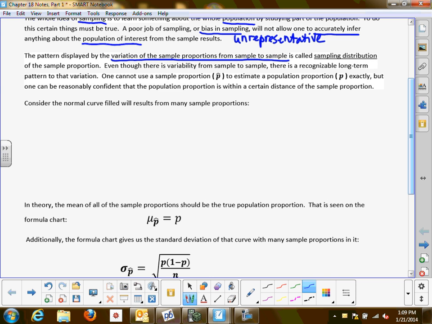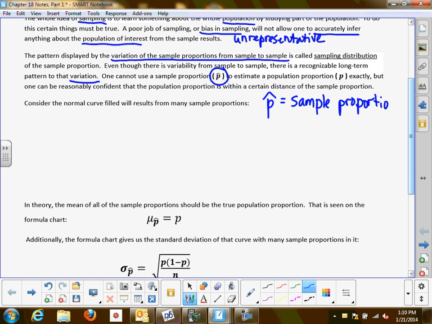So that's where we're headed. Because there's variability, we end up having all of those things lay out in a long-term pattern. It will land in a pattern. Now, notation-wise, we are going to reference our sample proportions as this thing called p hat.